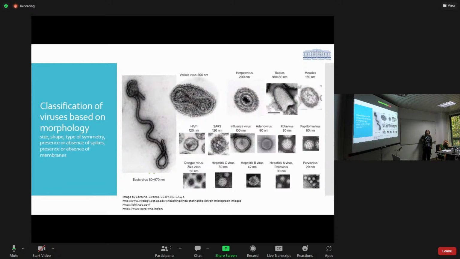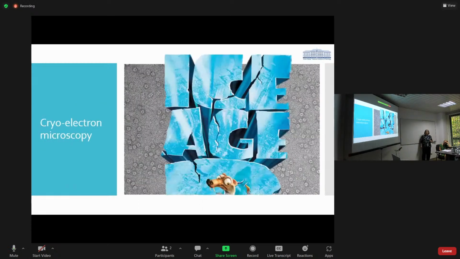With negative staining or classical transmission electron microscopy, we have all these morphological details like size, shape, internal structure. So electron microscopy is quite a good technique to discover new infectious agents.